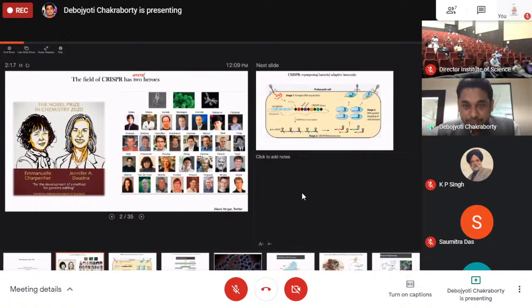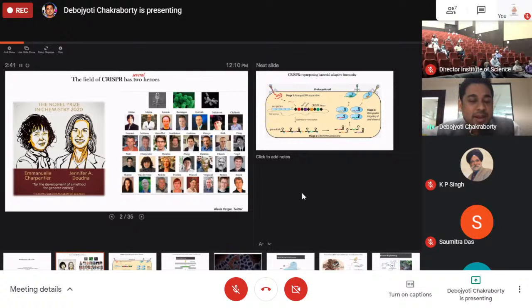So the heroes of CRISPR in the first line, and somebody finally put this on Twitter, are actually the viruses and the bacteria and the archaea, because that's where this whole field started. In the 1980s, that was the first time that people began to look at certain strange sequences present in the DNA of bacteria which were not of bacterial origin, and they began to wonder where these sequences had come from.